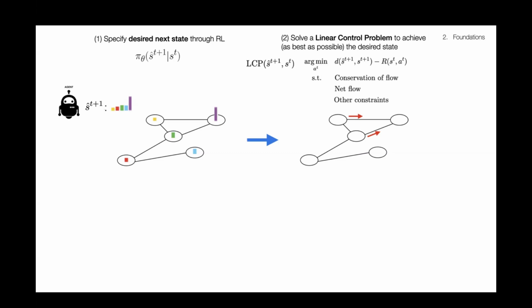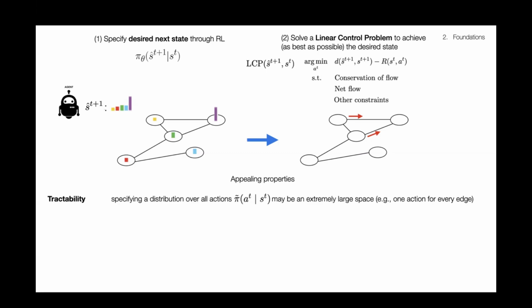In this case, the next state is a desired allocation of vehicles. And then we try to achieve this desired next state by solving a linear control problem, which, broadly speaking, attempts to minimize a measure of distance d between the state that reinforcement learning predicted and the state that we would actually obtain if we were to take some actions in the system.